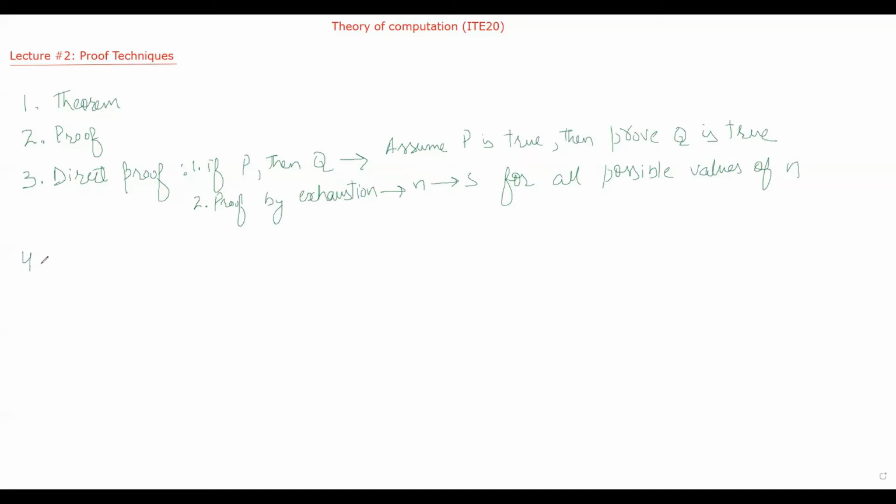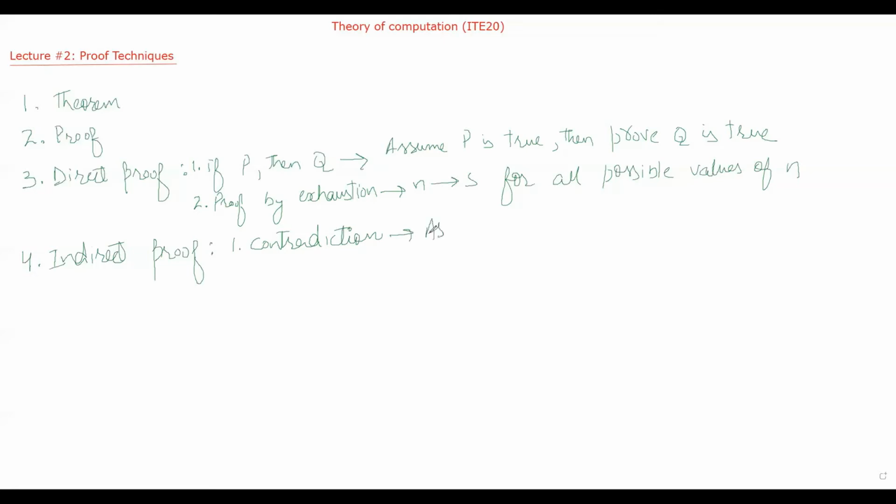Then the fourth thing that we did was the indirect proof technique. In this technique, the first thing we did was proof by contradiction. What does that mean?